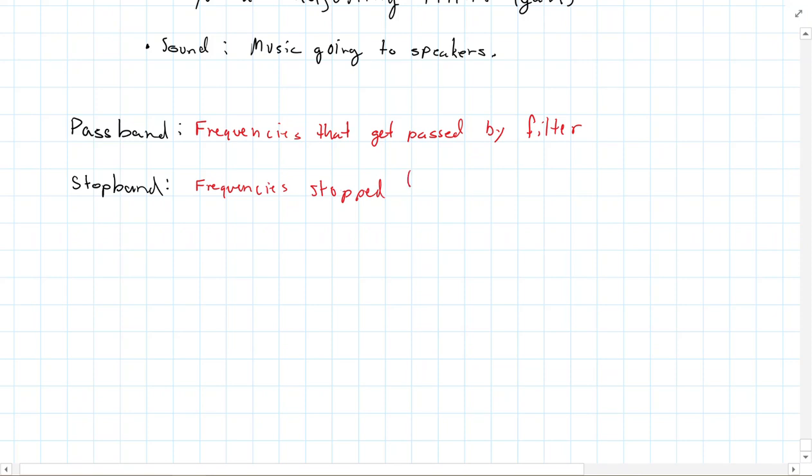I like to think of it as rejected by the filter. So those are two important concepts, pretty easy to do. We have a frequency response graph.